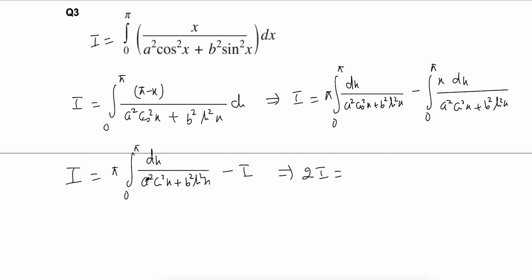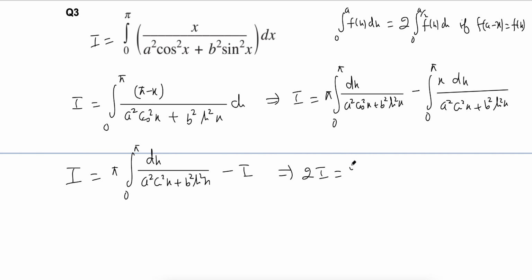If you replace x by pi minus x again here, we'll get the same thing. So I can apply this formula: 0 to a f(x) dx, I can write 2 into 0 to a by 2 f(x) dx, if f(a minus x) equals f(x). And here f(a minus x) equals f(x) is coming.